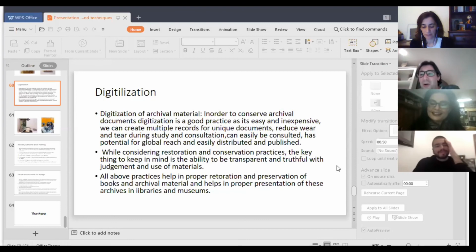The material that you should be looking for is acid-free, lignin-free, 100% cellulose. We have these acid-free boxes for archival material, which we create on demand according to the size of the document and the book. We store the documents and the books in those. And then there are certain kinds of sheets like Melinex and Mylar sheets.